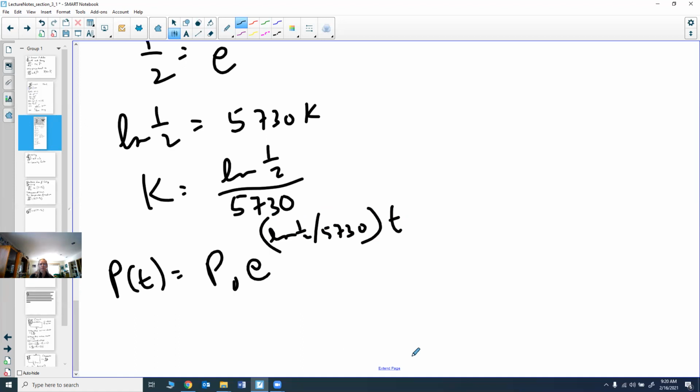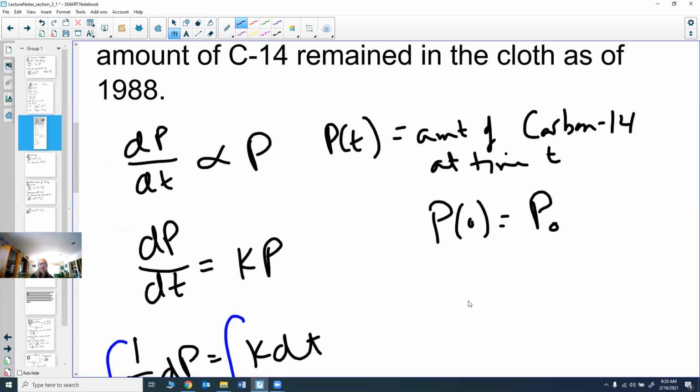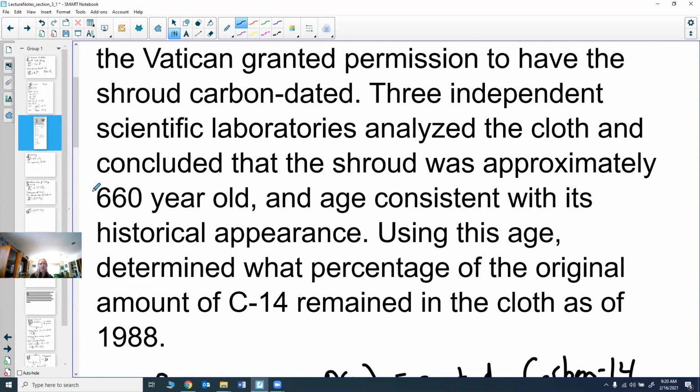All right, so now we're looking at that information, and we want to still know how much was left. Let's go back to what we were trying to find. We now have our equation for this. We want to use this to determine what percent of the original was left as of 1988. We are told that this is 660 years old.